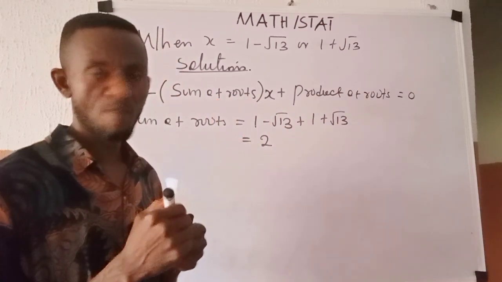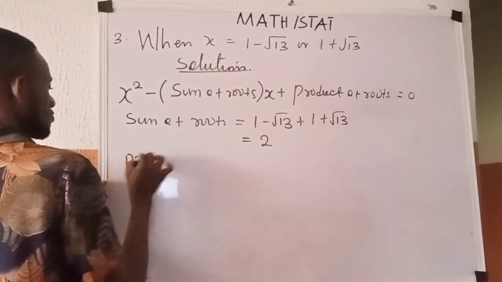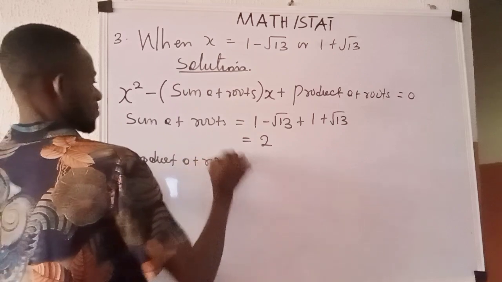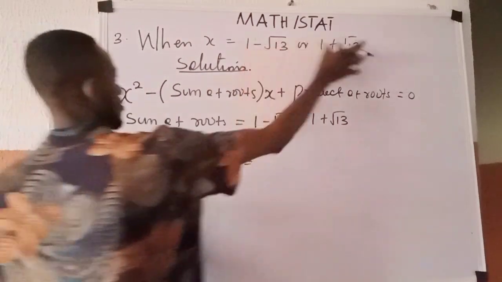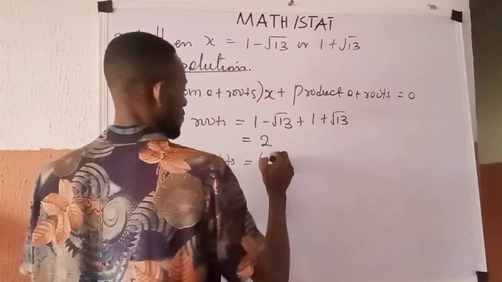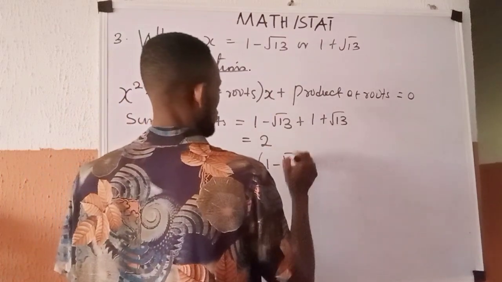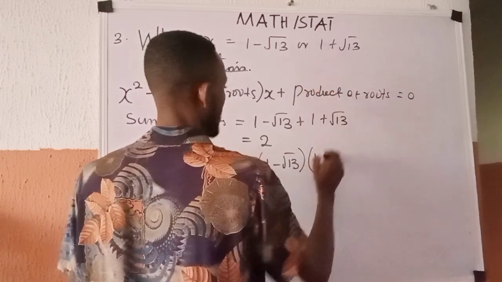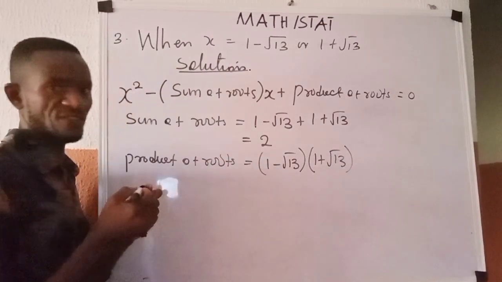Then when we now come for product of the roots, this equals: product means this multiplied by this, and in that case I have open bracket 1 minus root 13, close the bracket, open again, 1 plus root 13. That's what we mean by that product.